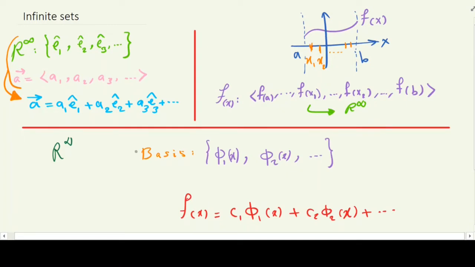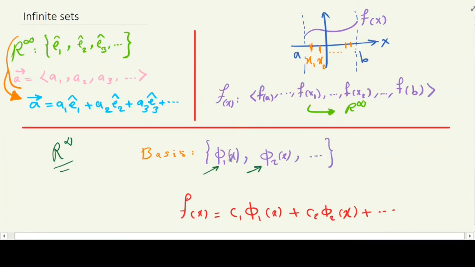So we need to have a basis with infinite members, like the first vector, which is a representation of a function like phi 1 of x. The second vector in the infinite dimensional space is a representation of another function like phi 2 of x, and then phi 3 of x, and so on and so forth.